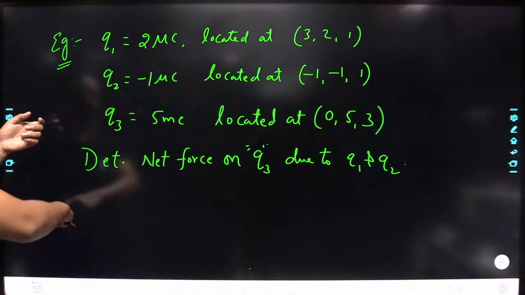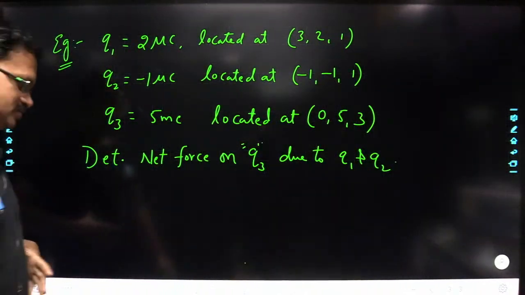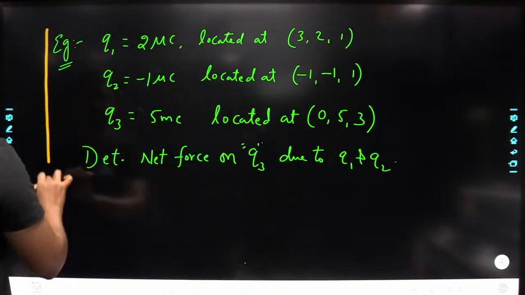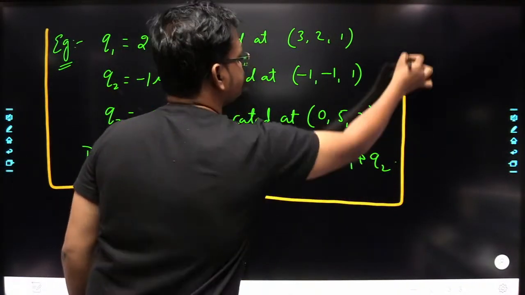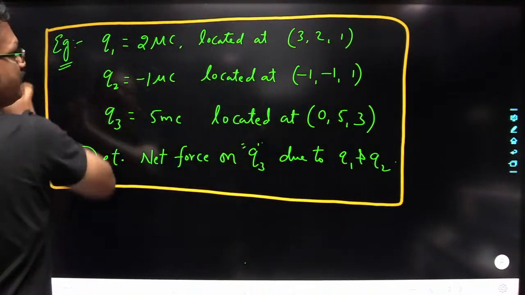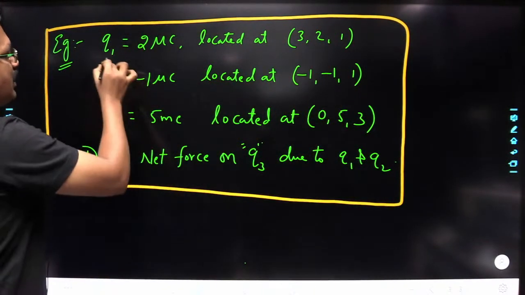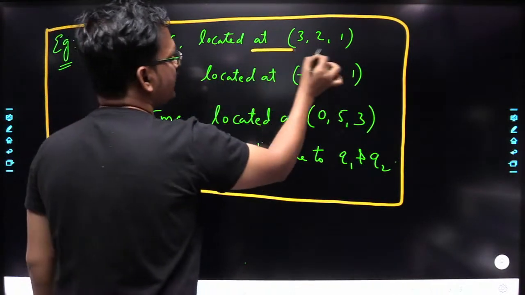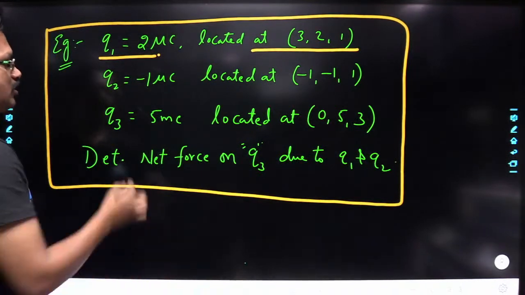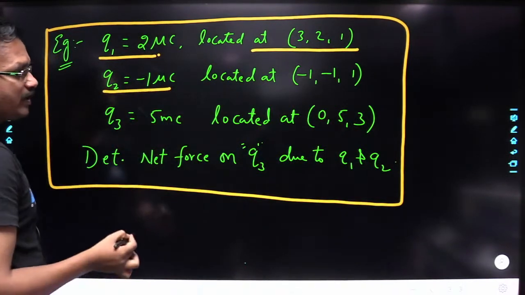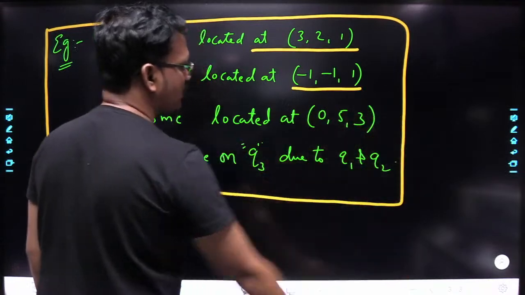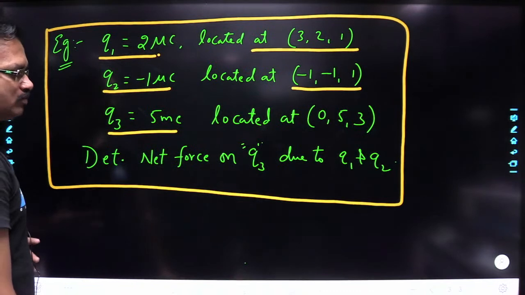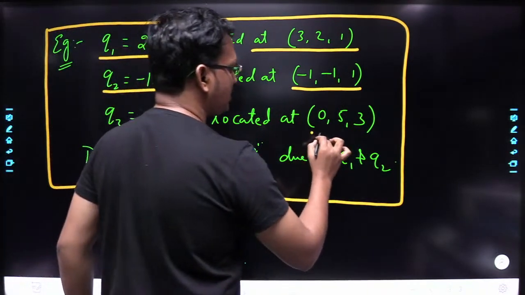Okay, so it is a very simple problem, just for practice I have given this problem. So I hope you can do this one easily. See, whenever they have given a problem like this, they have said that Q1 is equal to 2 microcoulomb, located at 3, 2, 1, and Q2 is equal to minus 1 microcoulomb located at minus 1, 1, and Q3 is equal to 5 millicoulomb located at 0, 5, 3.